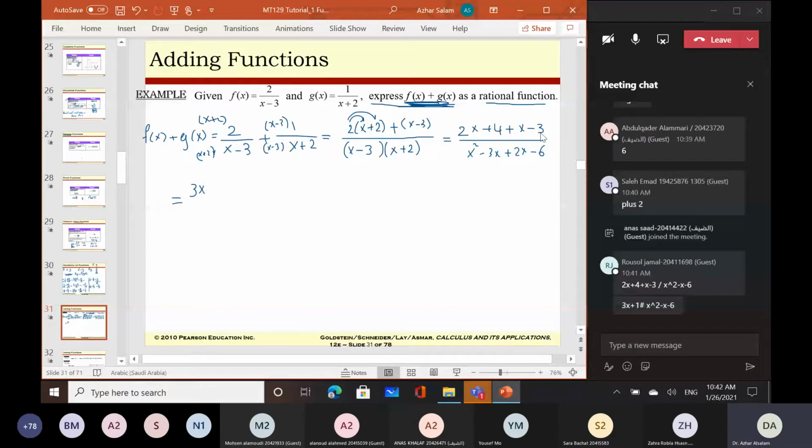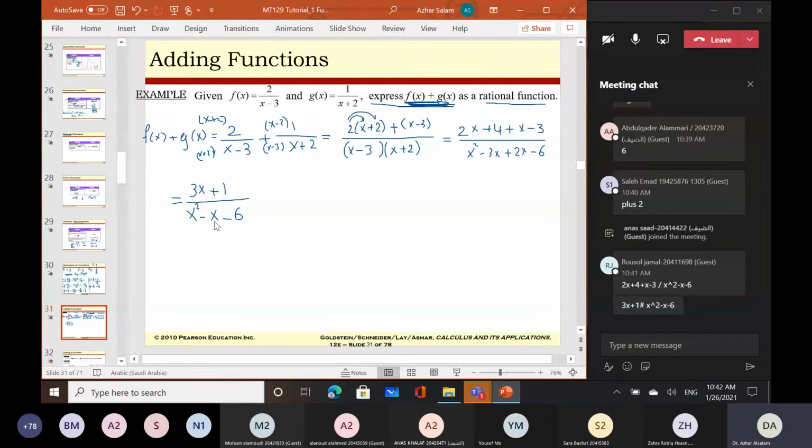And 4 minus 3, I add the numbers together, will be plus 1. This is the numerator. For the denominator I have x squared, minus 3x plus 2x gives minus x, and the constant part is minus 6.